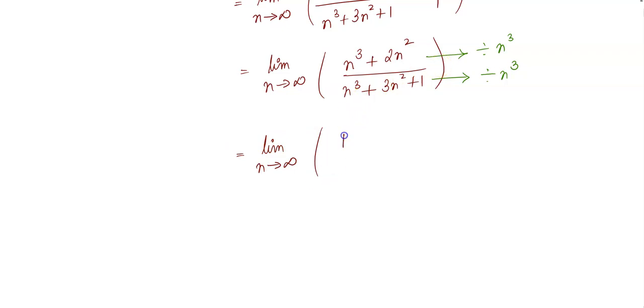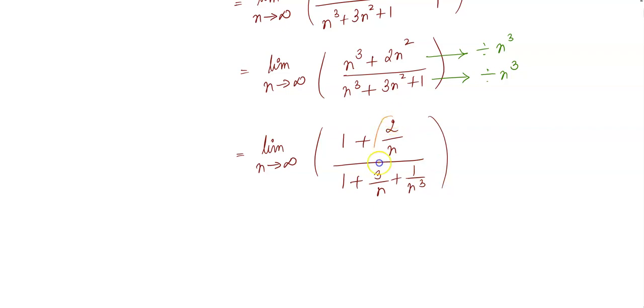So n cubed over n cubed is 1, plus 2n squared over n cubed is 2 over n, over n cubed over n cubed is 1, 3n squared over n cubed is 3 over n, plus 1 over n cubed.